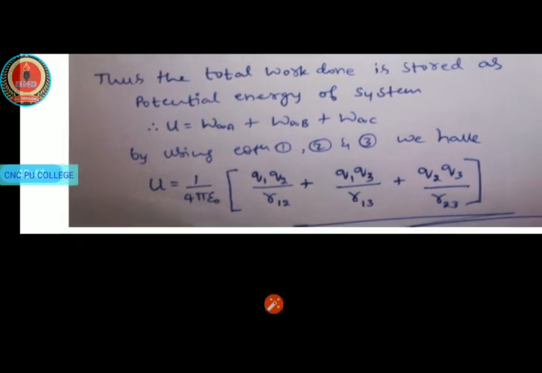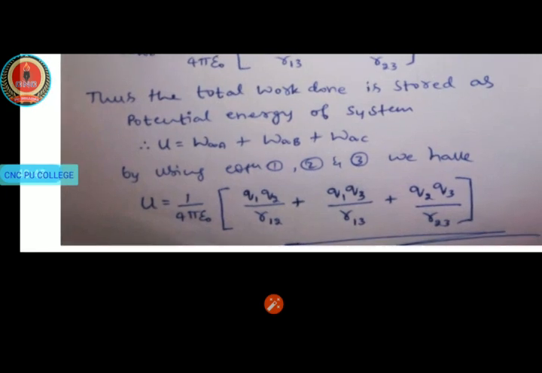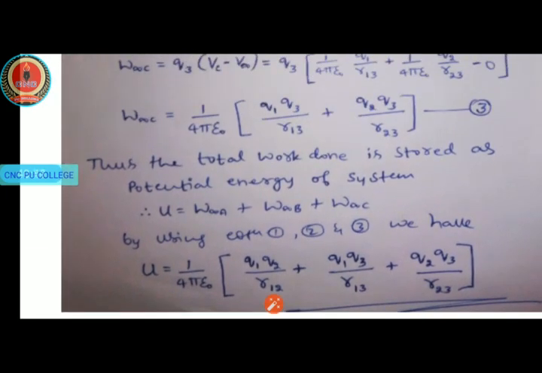Thus the final expression we got: the total electric potential energy of the system of three charges, U, is equal to 1 by 4 pi epsilon naught of Q1 Q2 by R12 plus Q1 Q3 by R13 plus Q2 Q3 by R23.